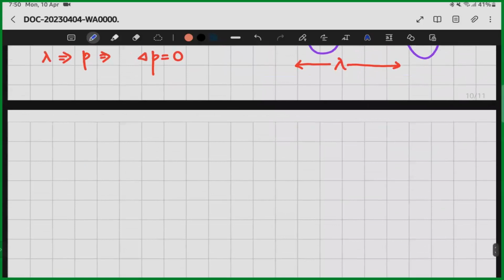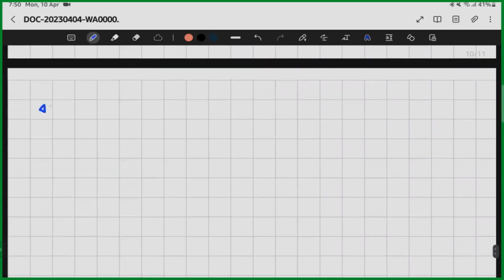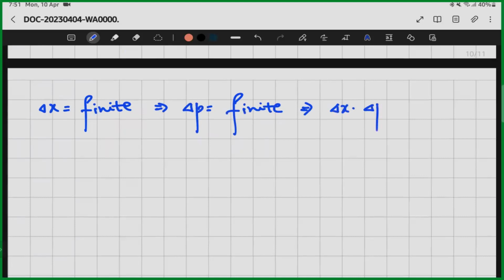Now in the reverse case, let's say del x is finite. Essentially what happens? If del x is finite, then del p is also finite. Then only del x into del p holds.